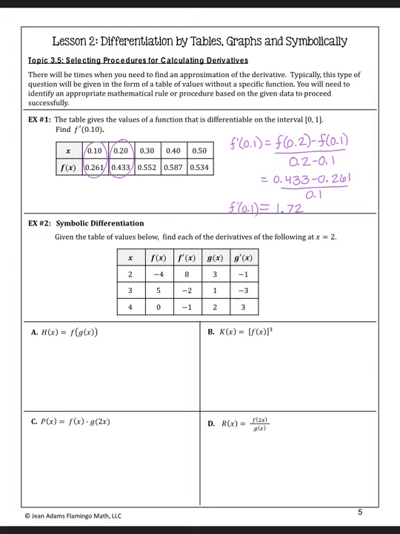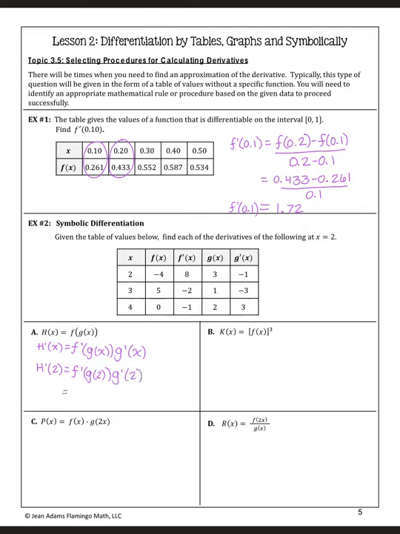If you look at the first one, to find h prime of x, this is our chain rule. So remember, it's the derivative of the outside times the derivative of the inside. And if we want it at x equals 2, then it is f prime of g of 2 times g prime of 2.